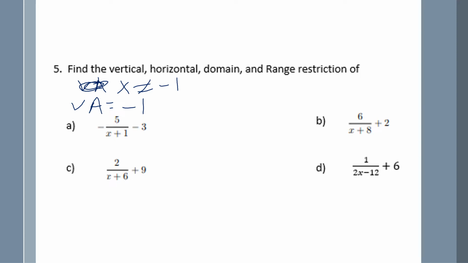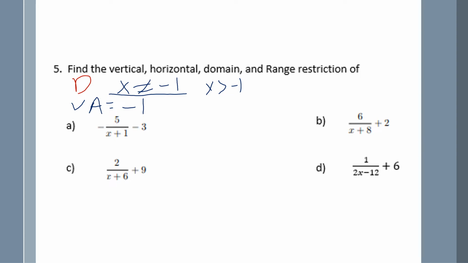The domain cannot equal -1. Or you could say x has to be greater than -1, but I prefer this statement for the domain. And don't forget, the vertical asymptote tells me about my domain.